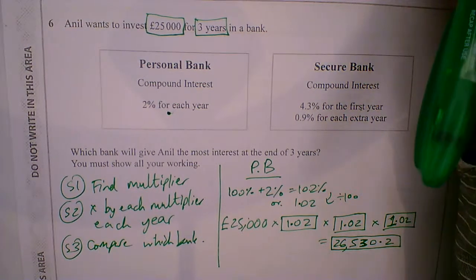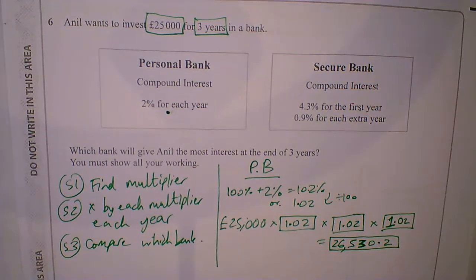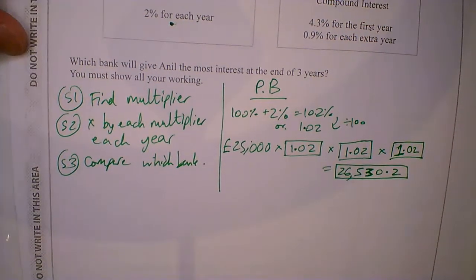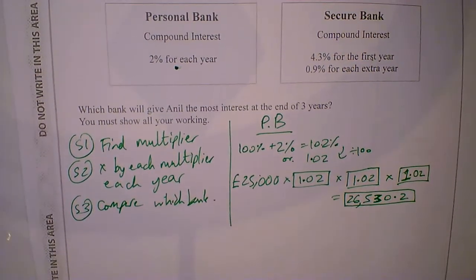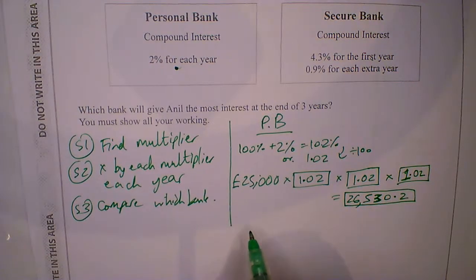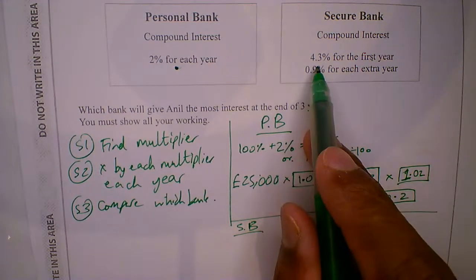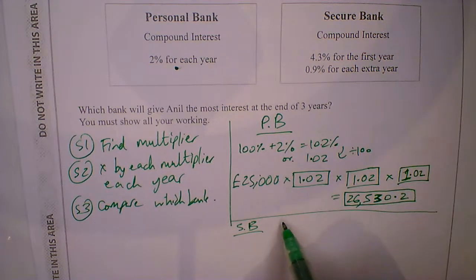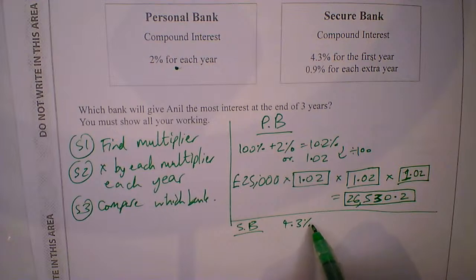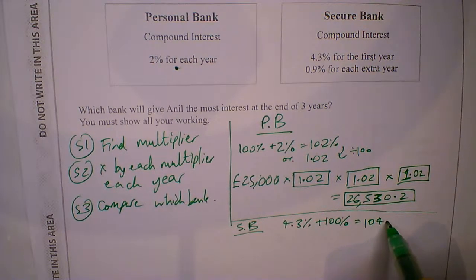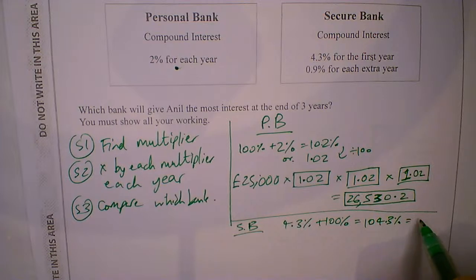Let's look at secure bank now. Let me just get some space to write on without getting the information lost. All right, so now we look at secure bank, SB. So 4.3% plus 100% gives me 104.3%, which is the same as 1.043.